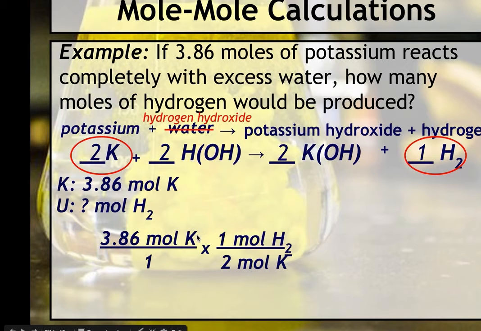So moles of potassium and moles of potassium, these will cross off. So now all I need to do is get the coefficient from potassium and enter it right there. On this side, moles of hydrogen, well, we have 1 mole of hydrogen. Cross off my units, and I'm left with what I needed in my unknown. And that will be the answer, 1.93 moles of hydrogen.